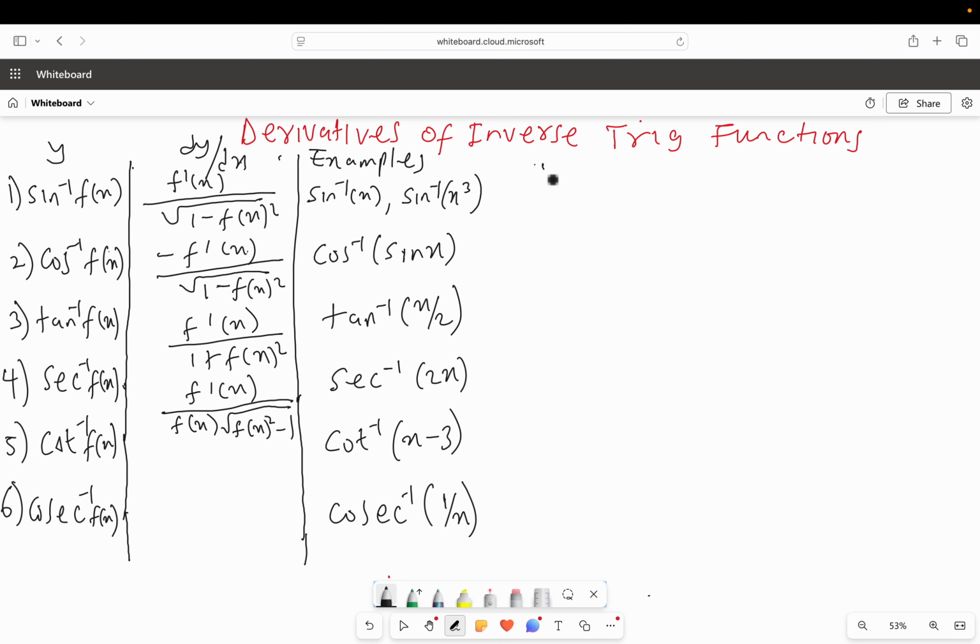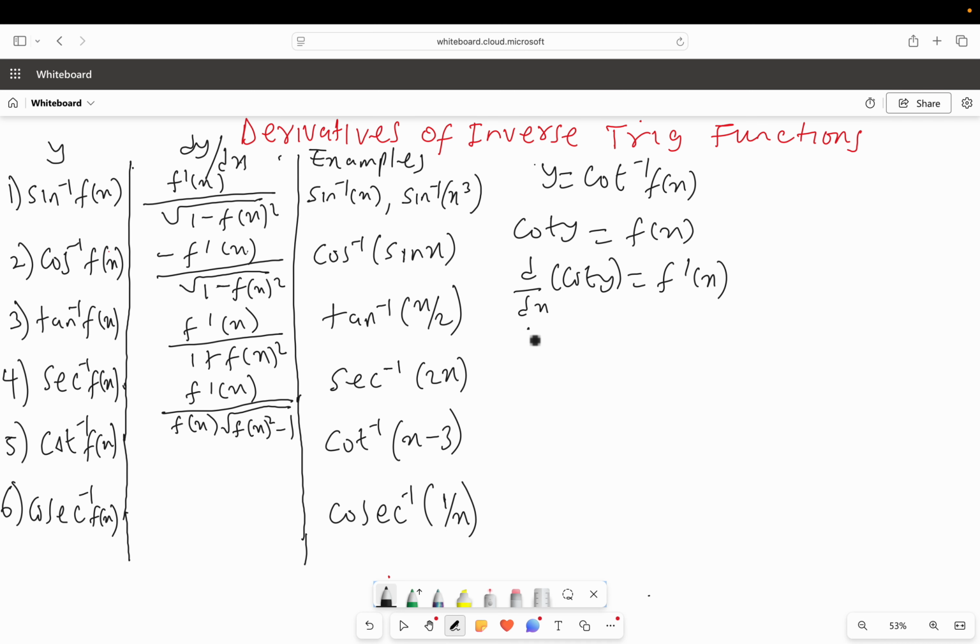So moving to y is cot inverse of f of x. If I take the cot of both sides, I will have cot y is equal to f of x. If I differentiate both sides with respect to x and apply the chain rule, I will have d by dx of cot y equal to f prime of x.